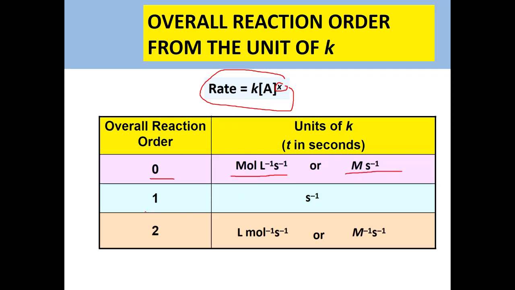If your overall reaction order is 1, your k is 1 over s, or s^-1. If your overall reaction order is 2, your k is L over mole second, or M^-1 s^-1.